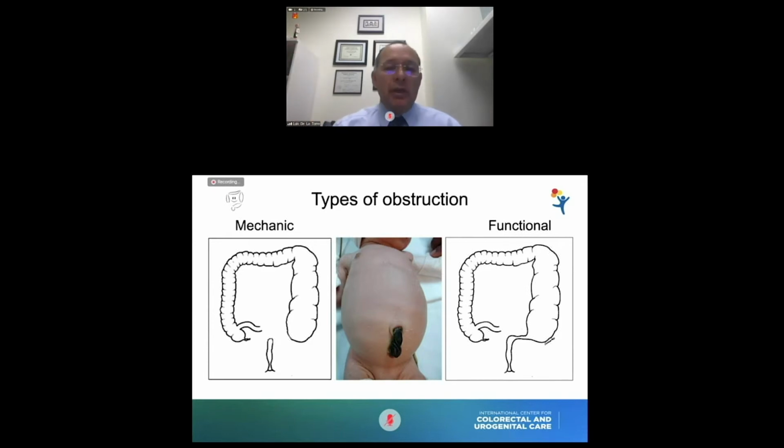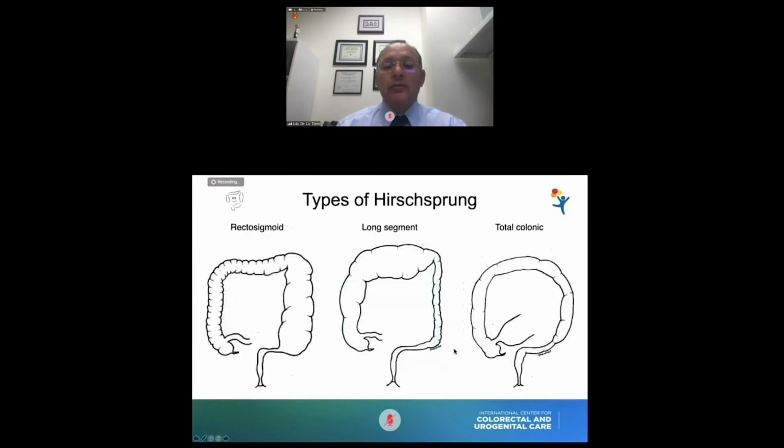When we had a baby with abdominal distension, all the surgeons took these patients to the OR to do an operation to find what's happening inside the abdomen. Today, if we have a newborn with this clinical picture, we can try to relieve the obstruction by placing a catheter in the rectum, and think that this patient probably has Hirschsprung.